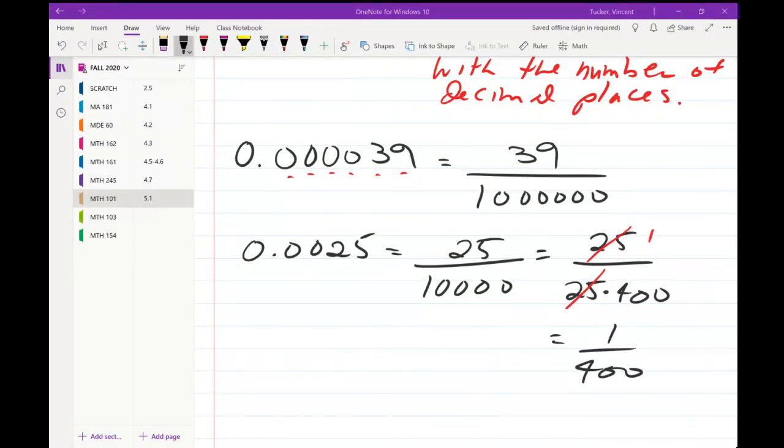When we did fractions in the last chapter, they're always going to expect the least terms, or your answer in lowest terms. So it's going to be on you to look for what you can cancel out. We got that 25 in our numerator that can cancel out completely with the 25 that's in 10,000. That's why I did that, just trying to show you why my 25s canceled out. Okay, thank you. No problem.